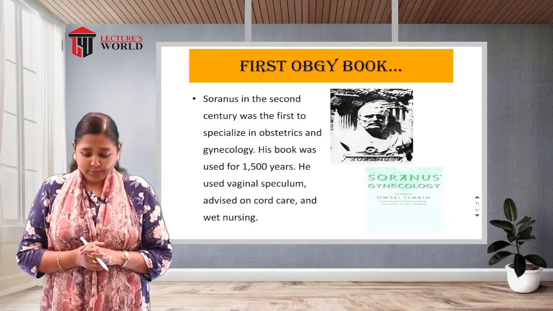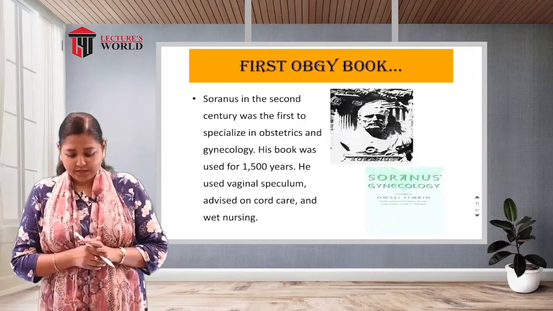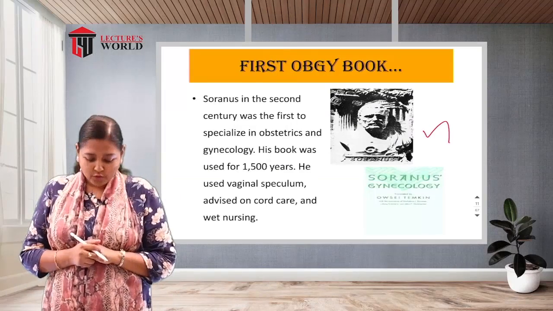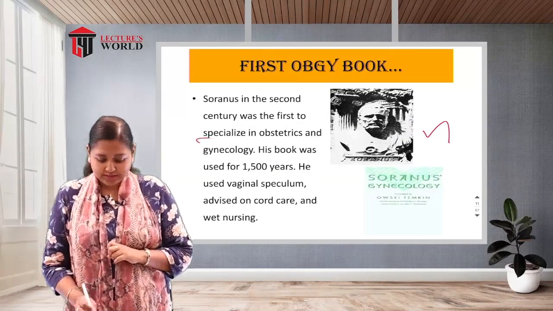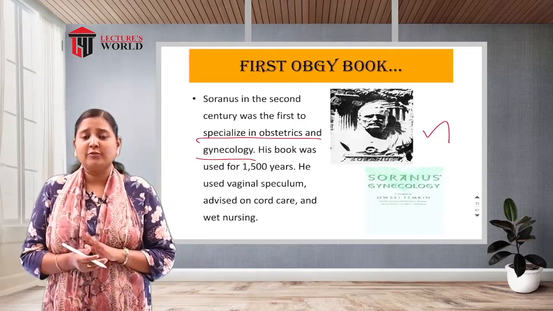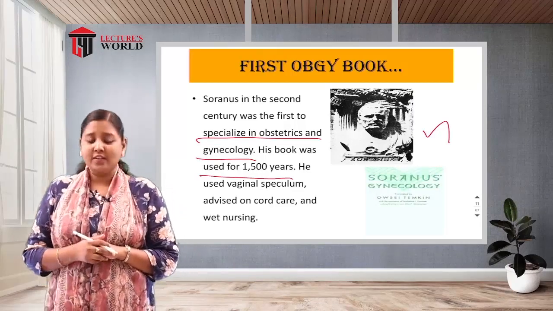And after that, in the 2nd century, Soranus wrote his first book, which specialized in obstetrics and gynecology. These books were used all around the world by midwives' societies for about 1500 years.